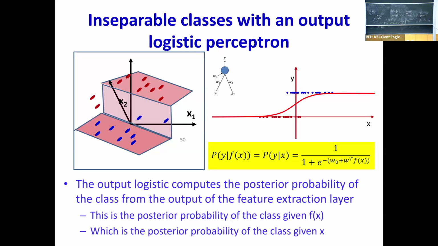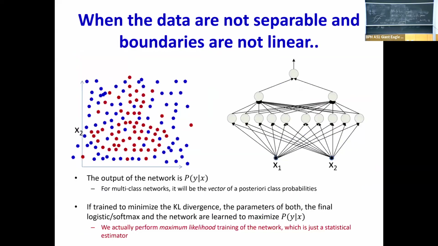So what does the network do? The network is a statistical model that learns to compute the posterior probabilities of classes. And so when the data are not separable and the boundaries are not linear, the output is P of y given X. For multi-class networks, it will be a vector of posterior probabilities.